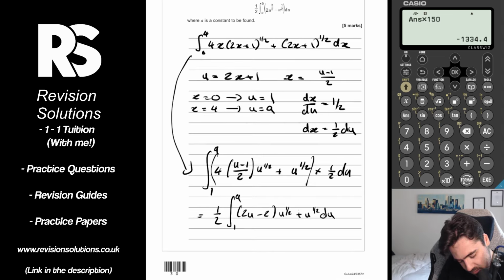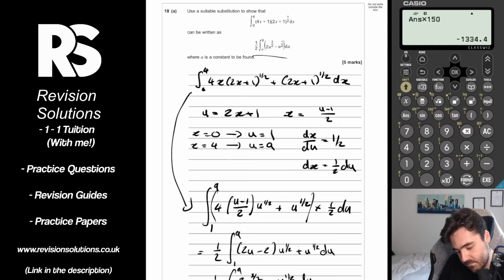Then expanding out a bit more, we've got the half still there. The 1 and the 9 haven't changed. But we're going to get 2u times the u to the half. That's 2u to the 3 over 2 using our indices rules. And then minus 2 lots of u to the half plus 1 lot of u to the half. That would just be minus u to the half du, which is the integral they asked us to get.